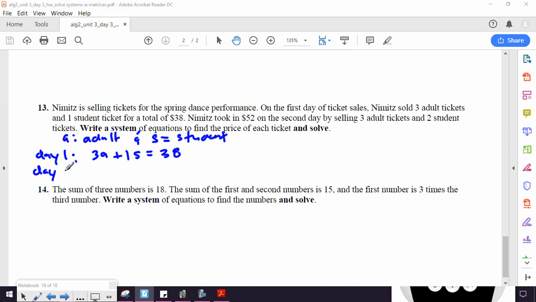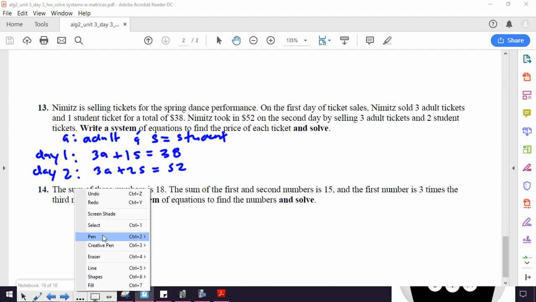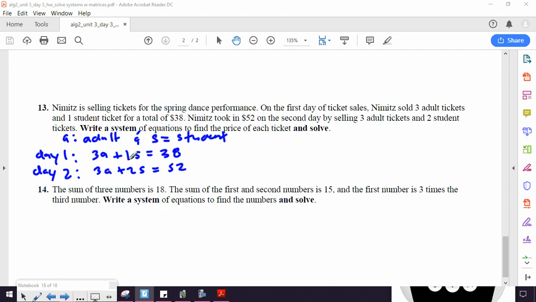On day 2, it was 3 adults, 2 students for $52. So this is how our system would look. I'm going to practice using matrices. Both of my equations are in standard form. Great. So the augmented matrix would be 3, 1, 38. On the second row, 3, 2, 52.